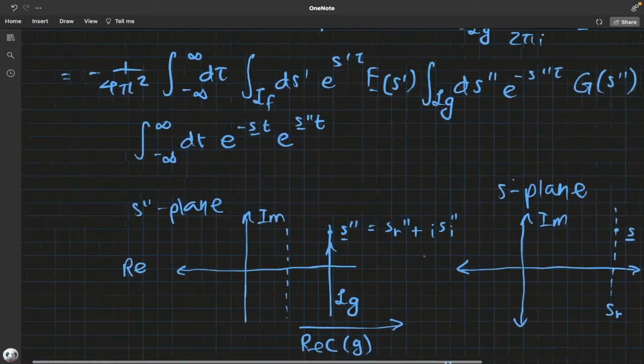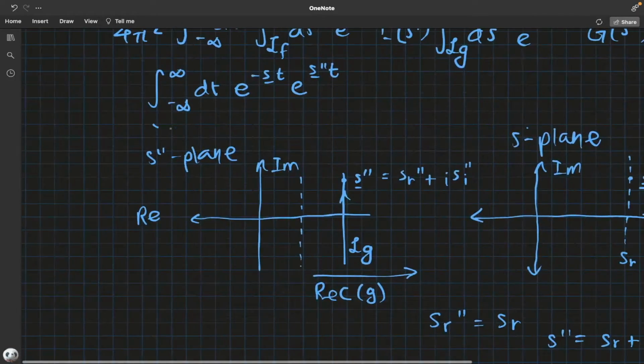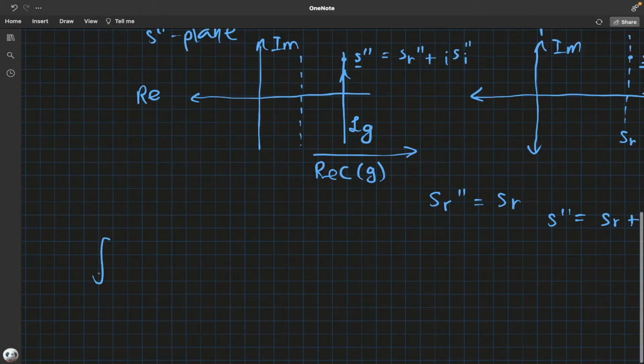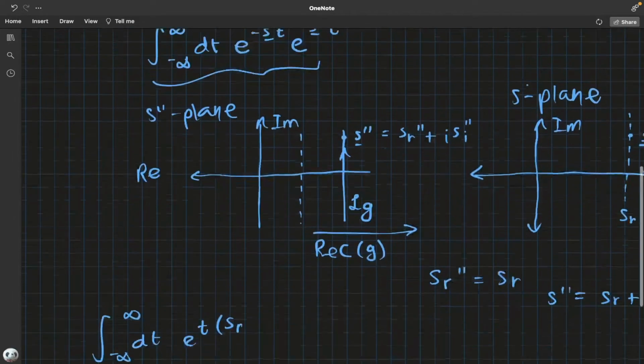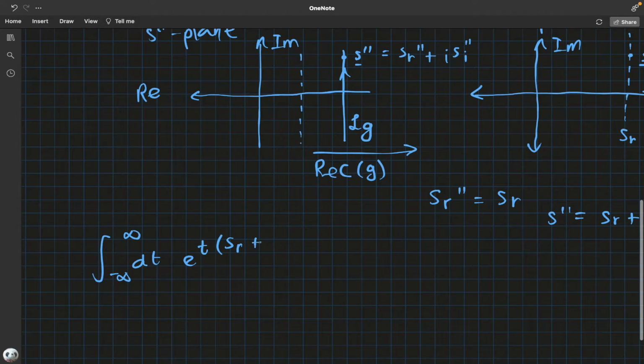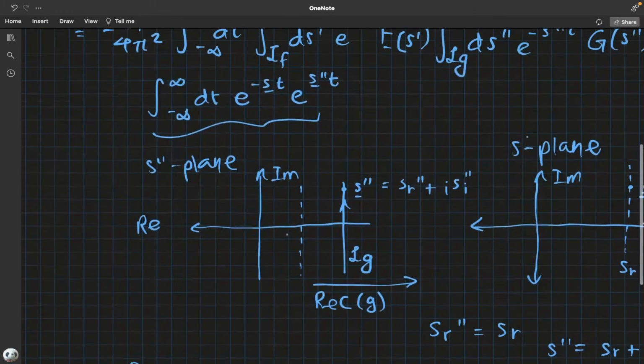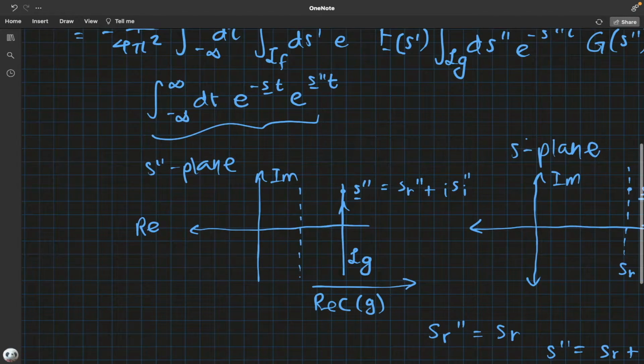You might not see why this is so useful, but let's just look at this integral. We have this dt e to the t. I'm going to decompose everything down. So I have S real for this plus I. So whatever's positive, S double prime is positive.